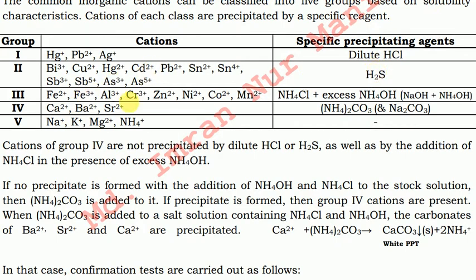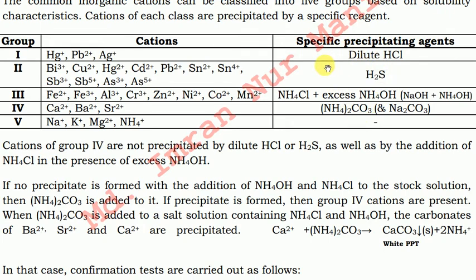Group 4 cations will be precipitated by the addition of ammonium carbonate, following dilute hydrochloric acid, then hydrogen sulfide gas, then ammonium chloride in the presence of excess ammonium hydroxide. And group 5 cations will not be precipitated by any of these 4 types of precipitating reagents.